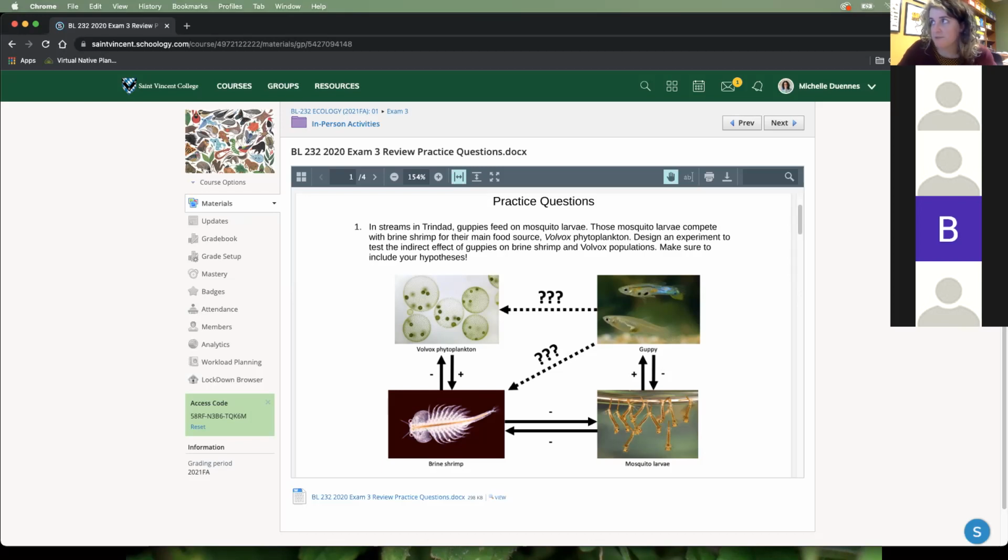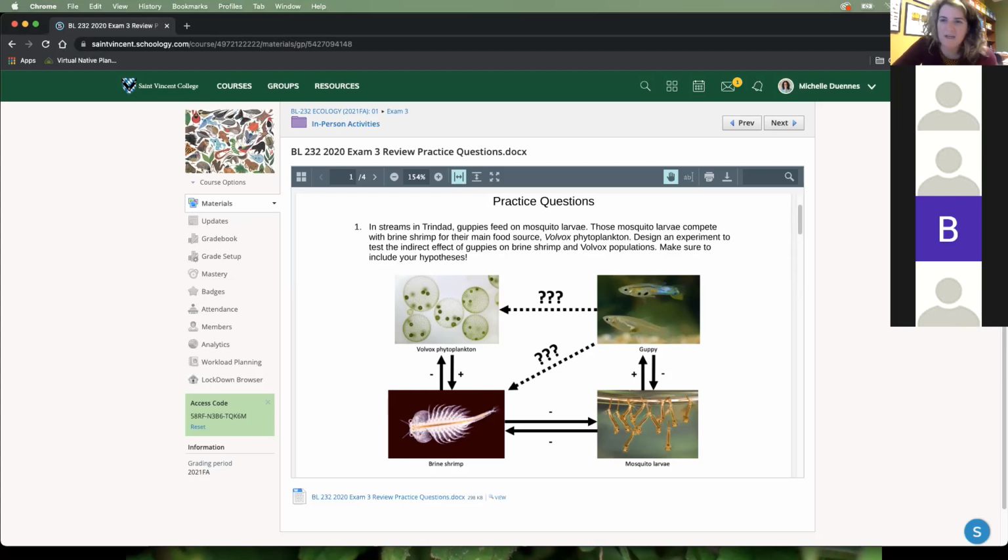my hypothesis would be that the mosquito larvae would increase in population size because their main predator is gone. They would perhaps outcompete the brine shrimp for the Volvox plankton to feed on, which would then cause the brine shrimp population to decrease, but maybe the Volvox population would stay the same.